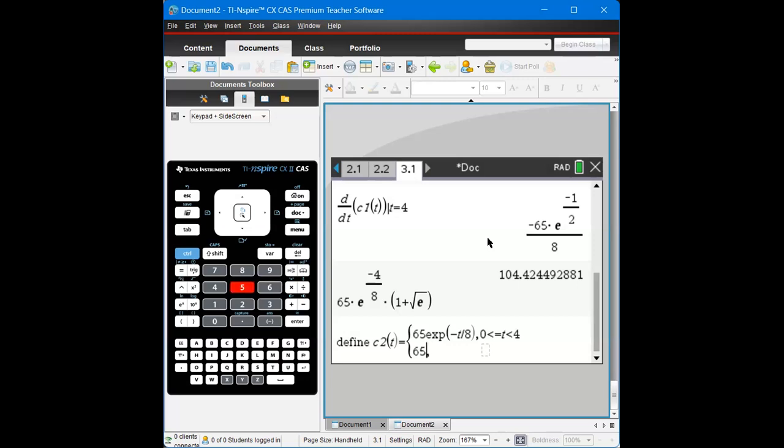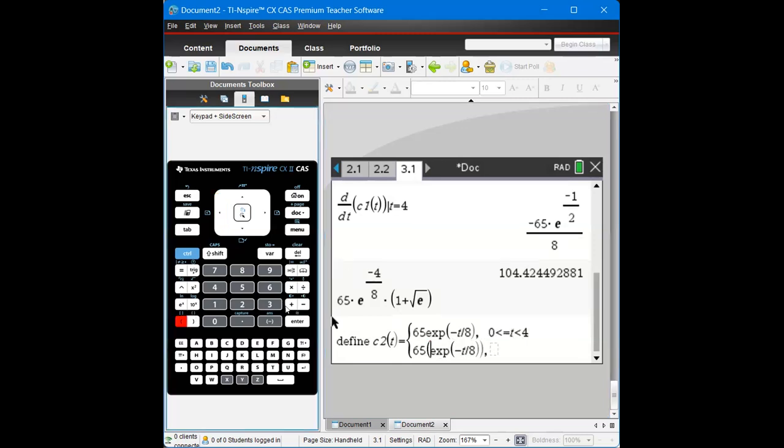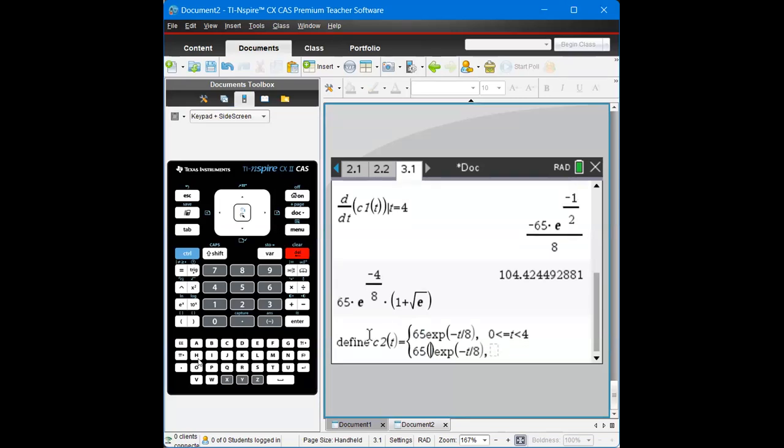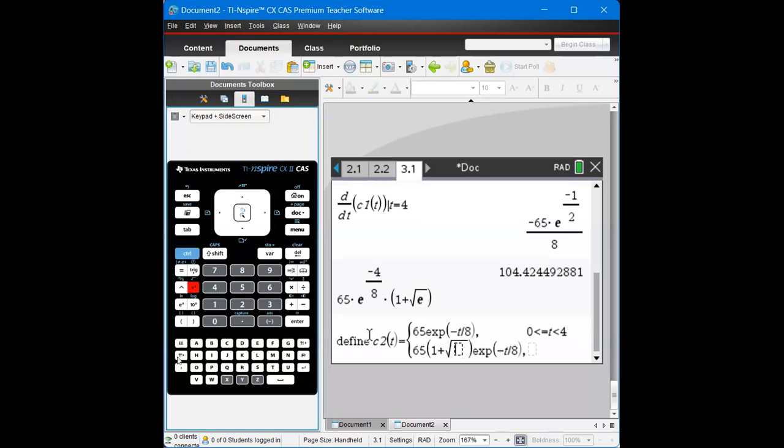And then 65 exponential minus t over 8. Don't forget you need to multiply a bracket. You could type out 1 minus e over 1 minus root e, but we have done some simplifying work. So we just type 1 plus square root of e.